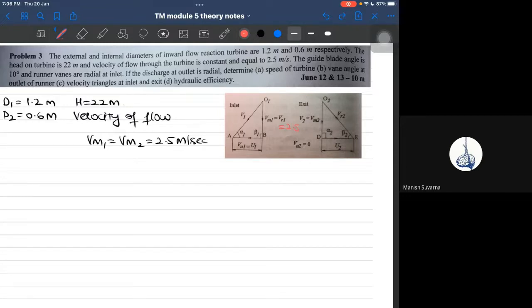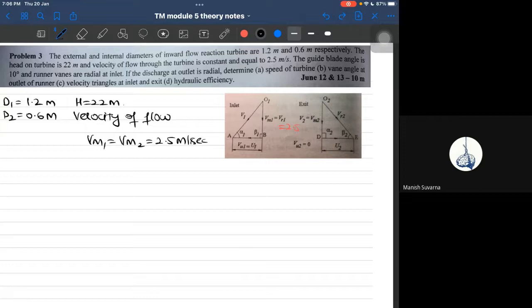Okay, that's great. Now the guide blade angle is 10 degrees. Now what is this guide blade angle? The guide blade angle is nothing but the angle through which water is striking the blade.